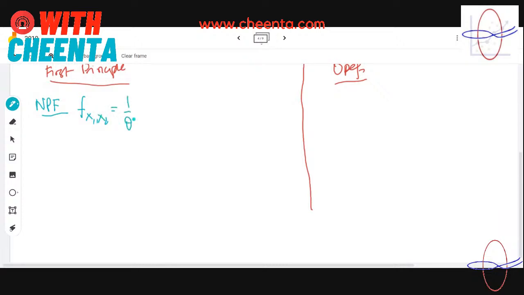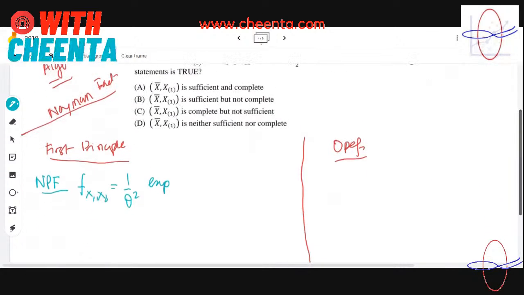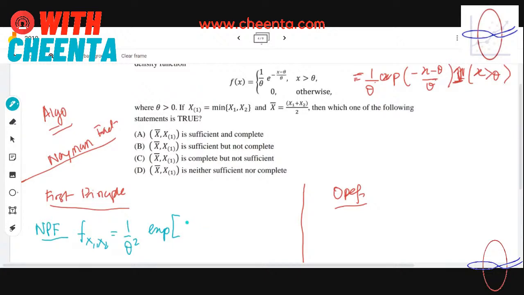It's 1 by theta square exponential minus (x1 plus x2), or rather twice x bar, minus twice theta, by theta. This is what we will get. Okay, and I think everything is fine. Yeah, this is minus this, so you can readily write plus of this.